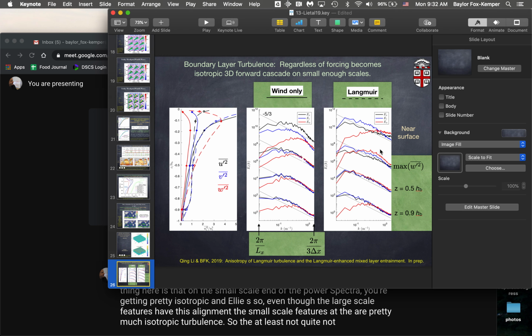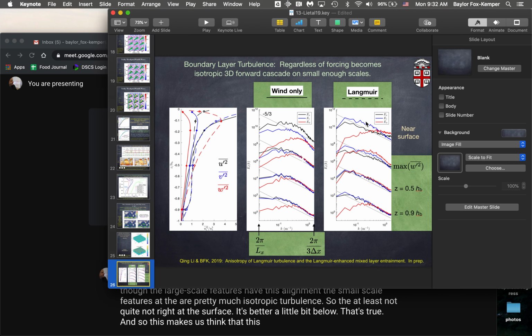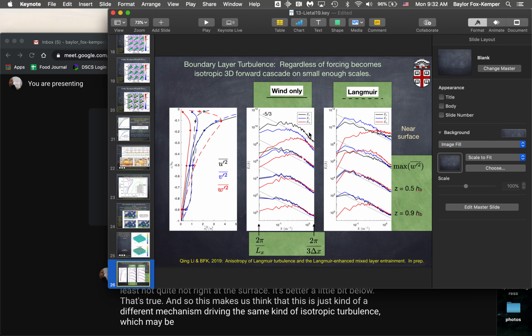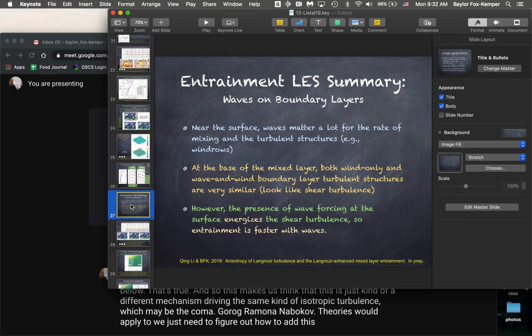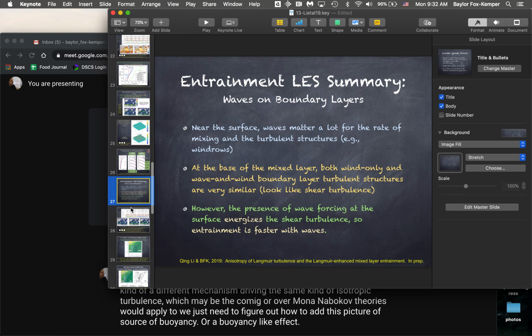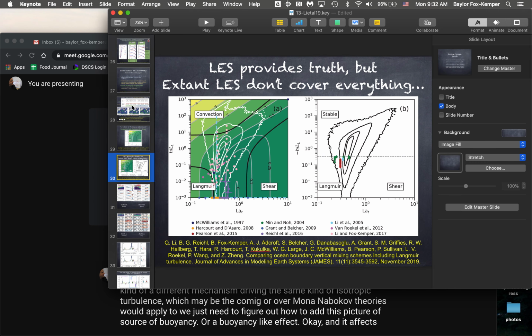And so this makes us think that this is just a different mechanism driving the same kind of isotropic turbulence, which maybe the Kolmogorov or Monin-Obukhov theories would apply to. We just need to figure out how to add this extra source of buoyancy, or a buoyancy-like effect. And it affects entrainment as well, which I'm not going to talk too much about.